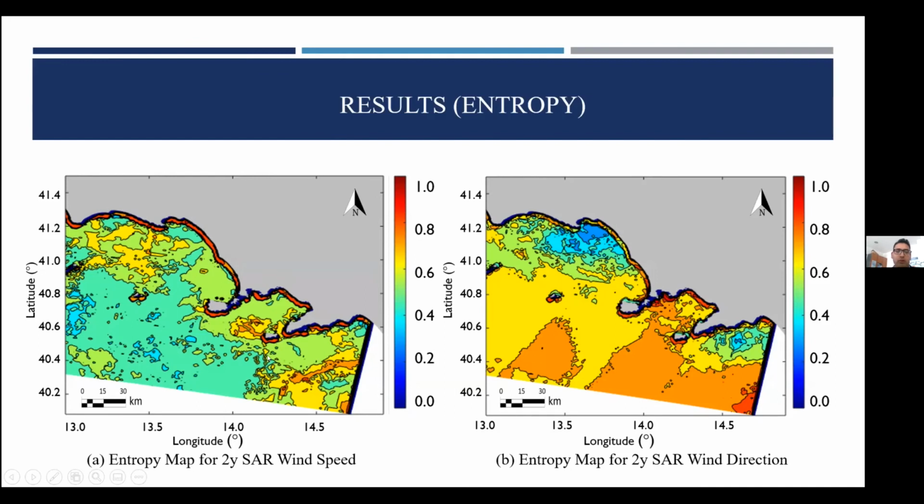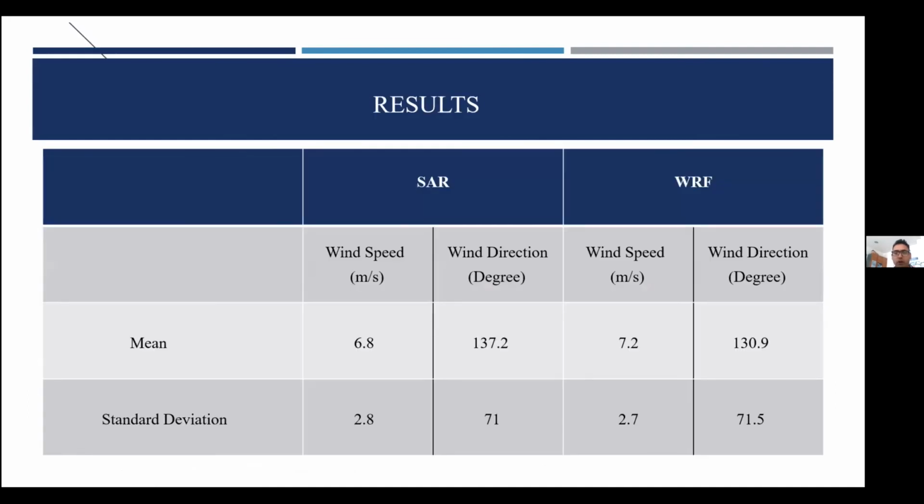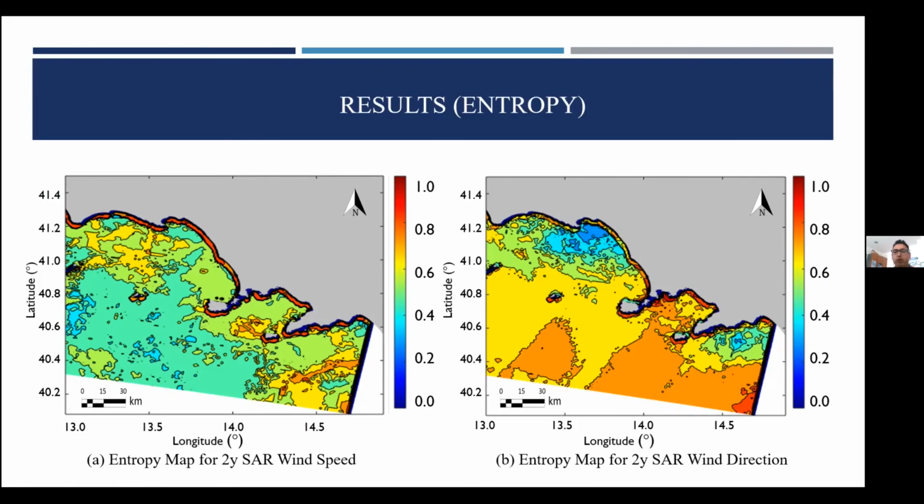This is because near the coastal area there are a lot of obstacles and hurdles, so the variation of wind speed observed near the coast is greater than in the open sea. In the case of wind direction, we can see even more variability, which also agrees with what we predicted previously.